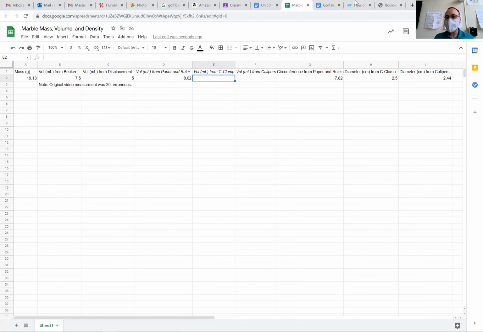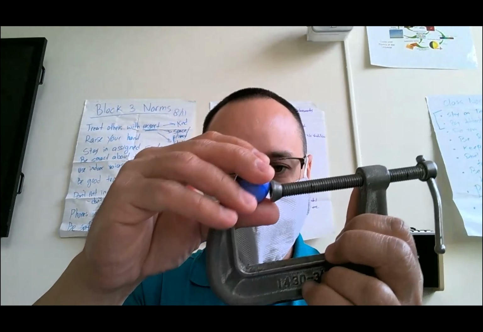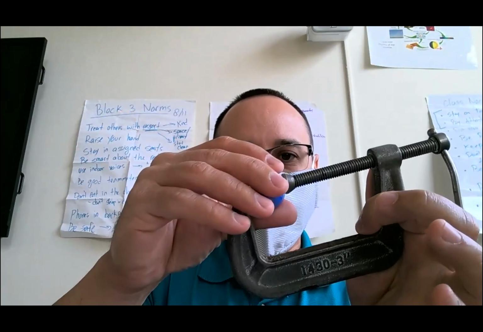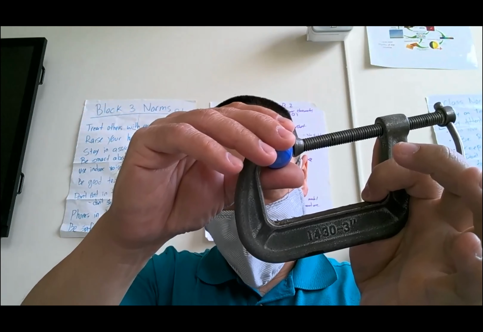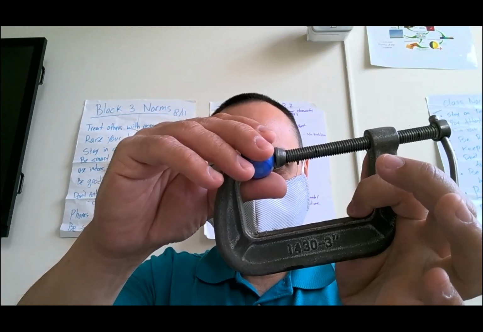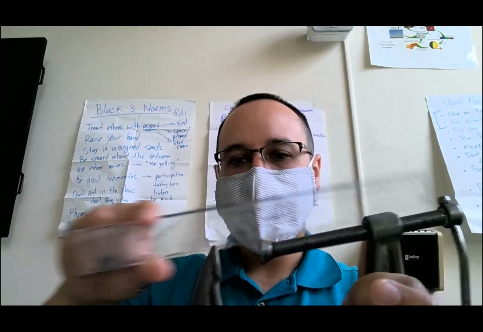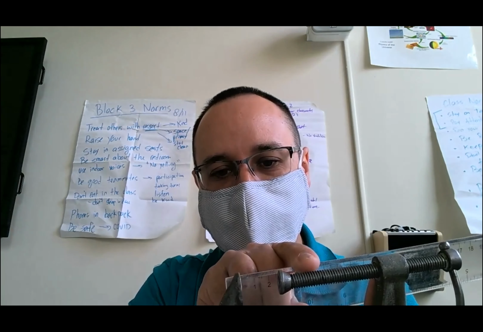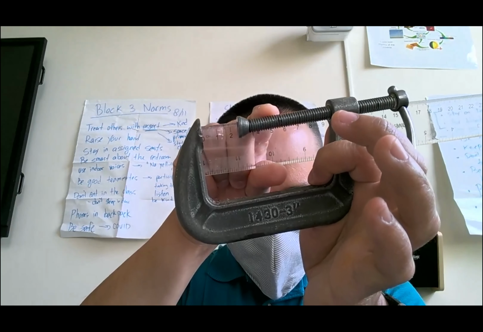So I'll stop the share really quickly. You'll remember that last time we used the C-clamp to determine the diameter of our marble. We clamped this thing around just right, and then we measured with a ruler to see how much distance there was between the two ends of the clamp.